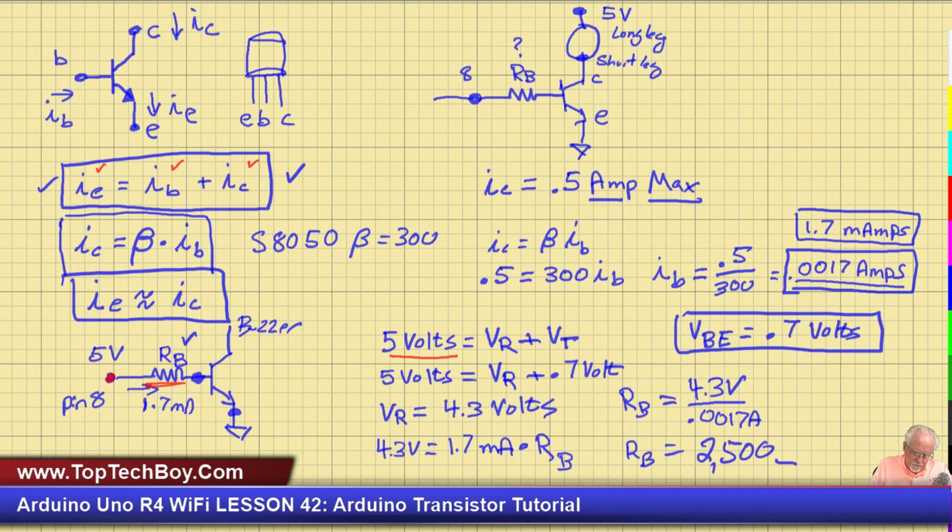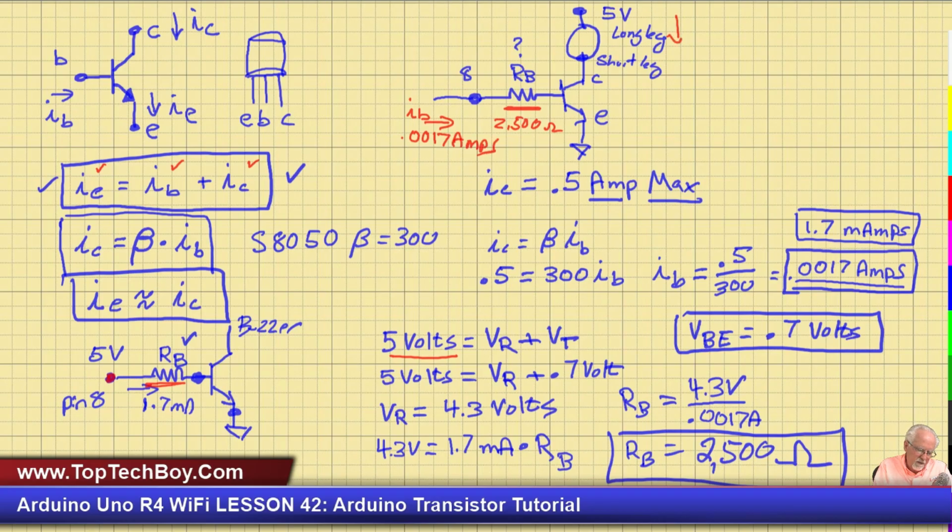2,500 ohms. So what does this mean? This means that in this circuit, if I choose a resistor of 2,500 ohms, then the IB, the base current, is going to be 0.0017 amps, which is going to be safe.